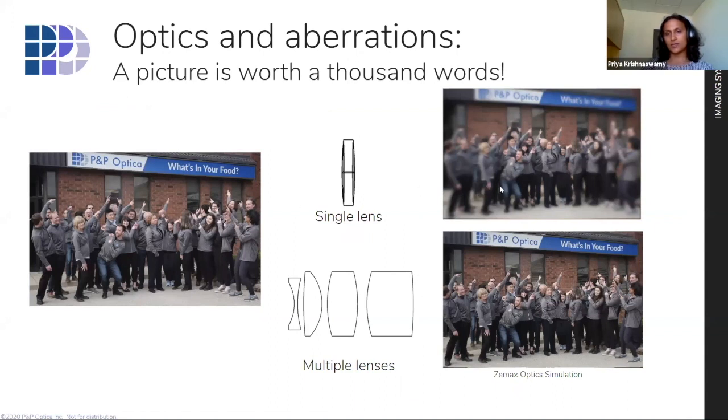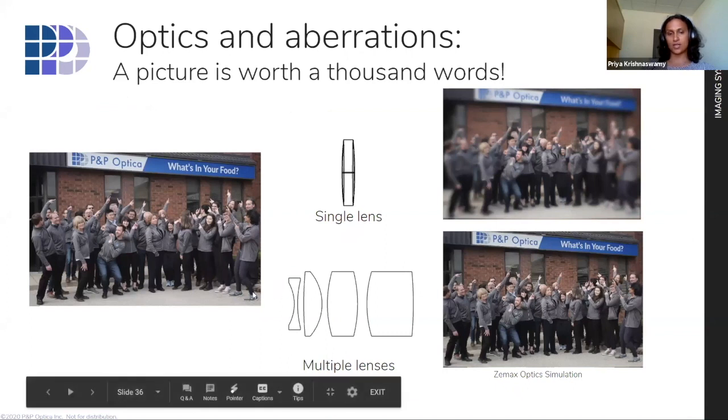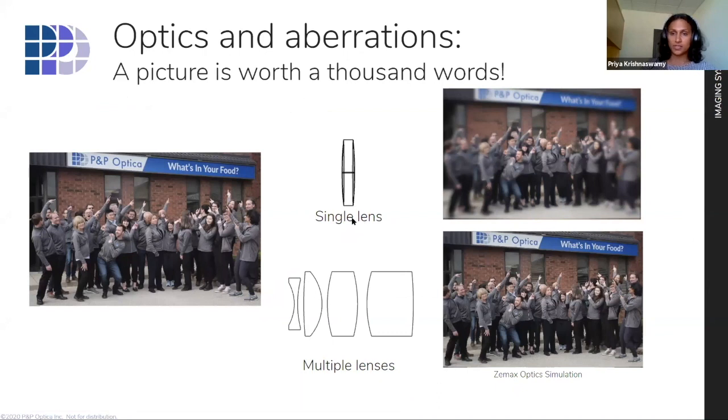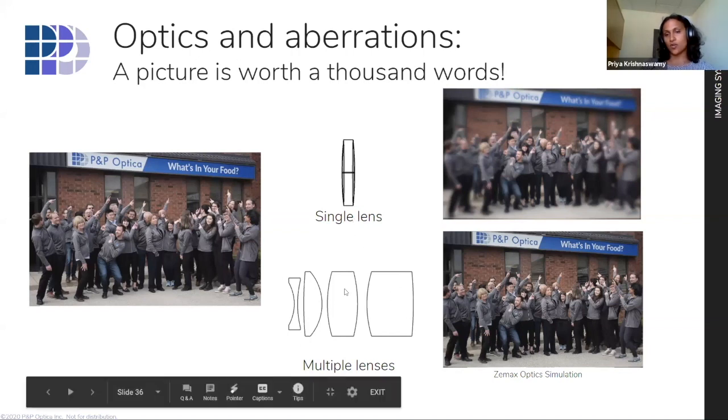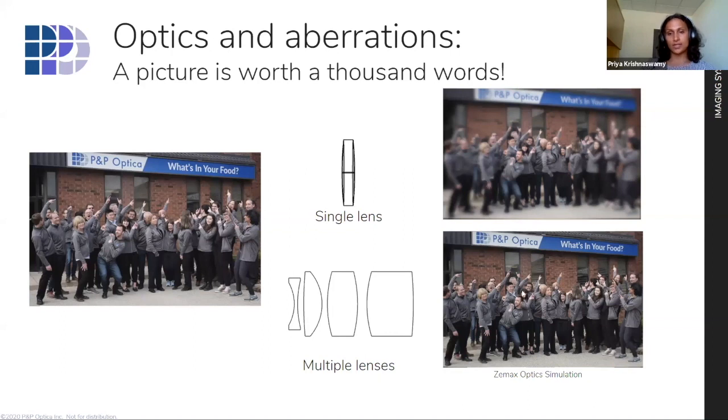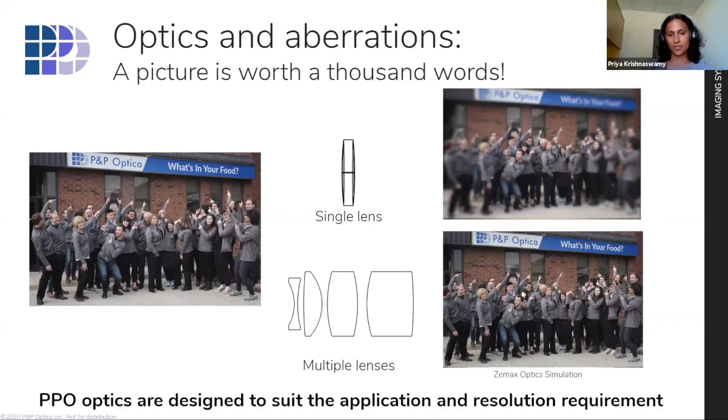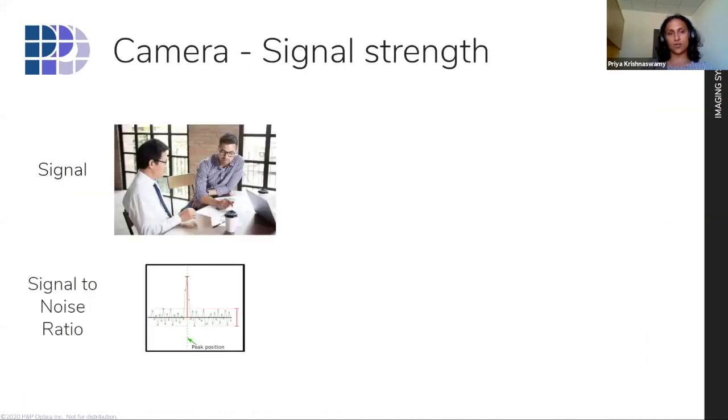You can see that the first one is that of a single lens, and the second picture was taken with multiple lenses stacked together. Since there are many types of aberrations, one single lens is not going to solve it, so we always add more optics to help see the entire field of view very clearly. PPO optics are designed and built in-house so that they suit the application and the resolution that's required.